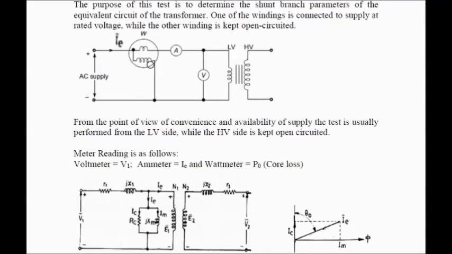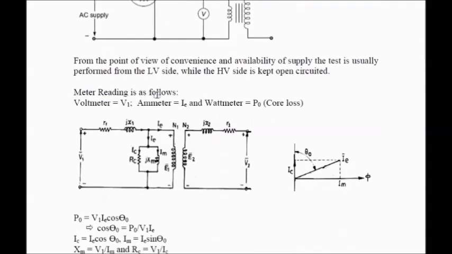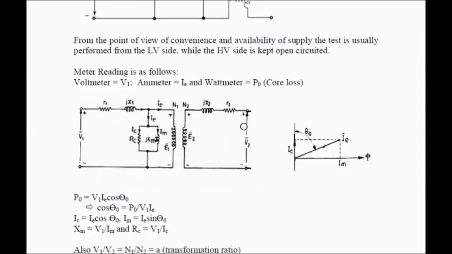So what we have from this OC test: low voltage supply as the voltmeter reading, no load current as the ammeter reading, and core loss as the wattmeter reading. So the equivalent circuit will be like this: R1, jX1, jX2, R2. These are there, but the effect of R1 and jX1 will be negligible.